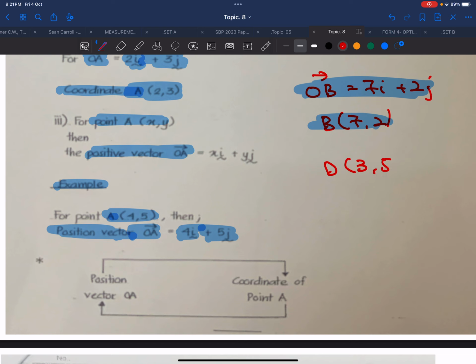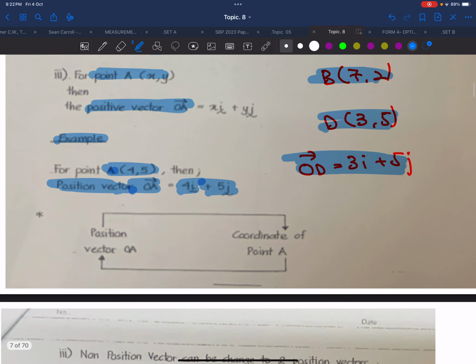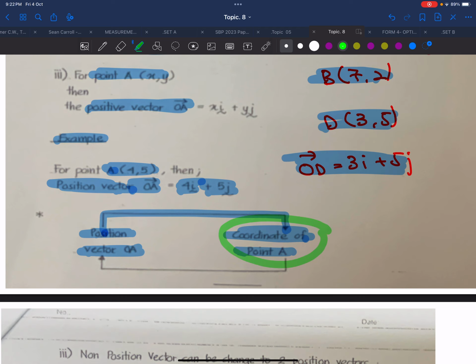From the coordinate of the point, I can get the position vector OB, which will be 3i plus 5j. This is the opposite. Given position vector OA, we can get the coordinate of A. And from the coordinate of A, we can get the position vector.